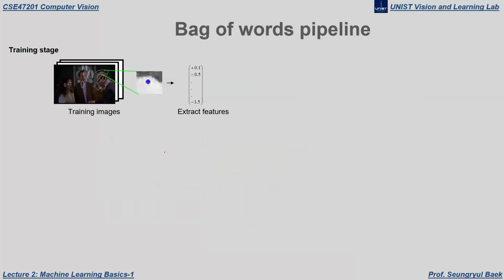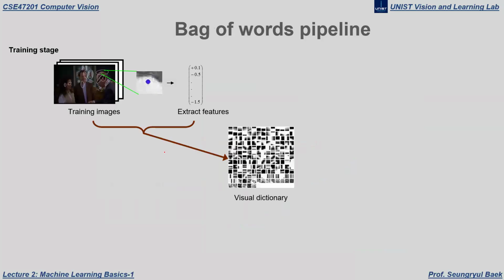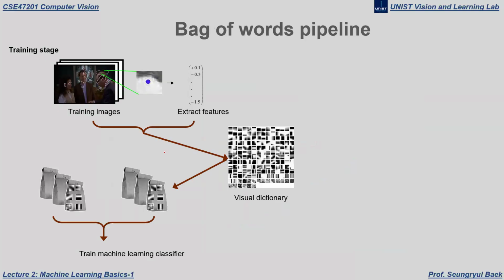And this is again a summary of the pipeline. This is the first part. So the thing I have explained is the first part. From the training images, I extract a lot of features, and then by applying a clustering algorithm, I made the visual dictionary, and then I represent each image as the histogram of visual words.